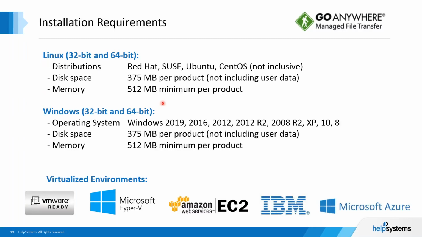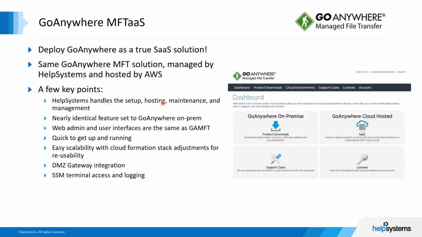Besides being pretty much OS agnostic, we also have the option now, as I kind of hinted earlier, to deploy GoAnywhere MFT as a service, where HelpSystems will manage the hardware and software for you. So if that's something you guys are leaning towards, you want to find more information about it, please reach out to us. We'd be glad to talk more and show you more about what we can do. So you can kind of see a few good points there. Again, it's all about making things easier for you guys if needed.